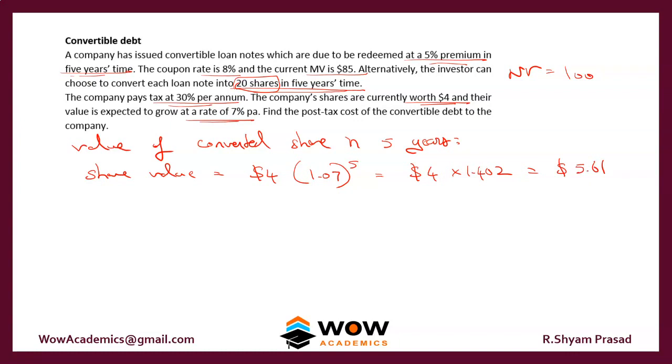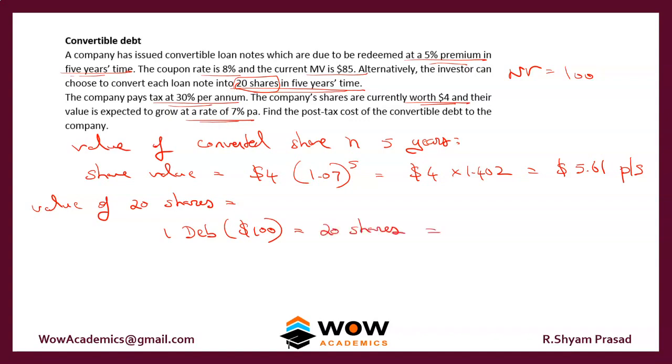Okay, but this is per share. We have to get the value of 20 shares, because that's how one debenture of $100 will be converted into 20 shares. 20 shares into 5.61 equals 112.